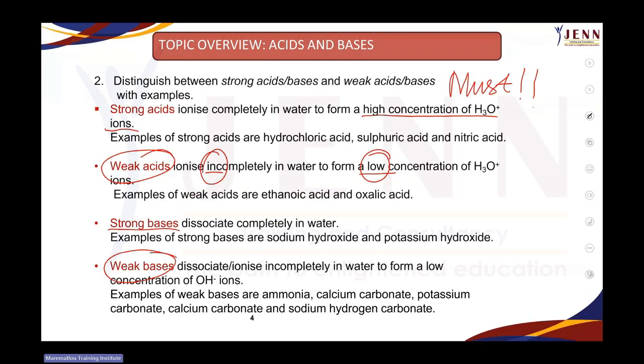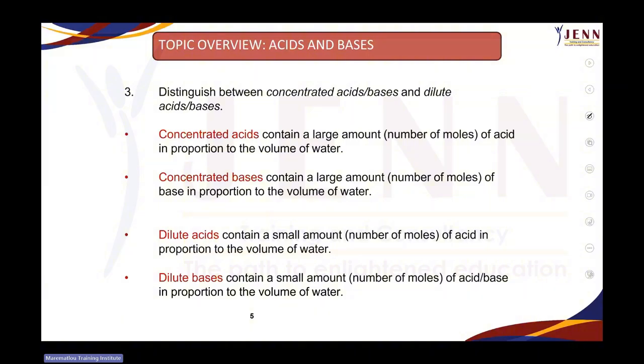So that says to you and I, it's a must for me to know how to distinguish them or to define. Okay, now it also moves to concentration, and I'm going to stick here a little bit. They say distinguish between concentrated acids and bases and dilute acids and bases. We have a problem, and this problem is that people don't really know what these words mean.